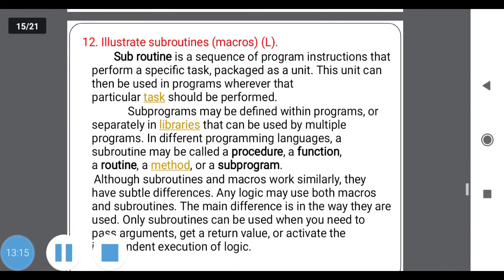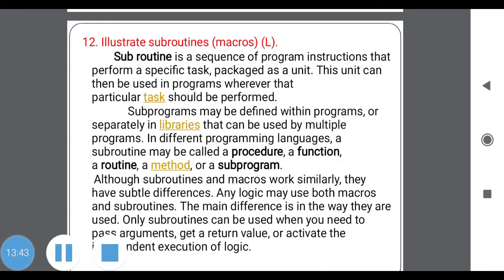Next one, illustrate the subroutines, that is the macros or subroutines. It is a part of the program or type of program which you are using in a CNC. Subroutine means it is a sequence of instructions that performs a specific task, packaged as a unit. It can be used in programming whenever that particular task needs to be performed. These are routines in a subject or sub.